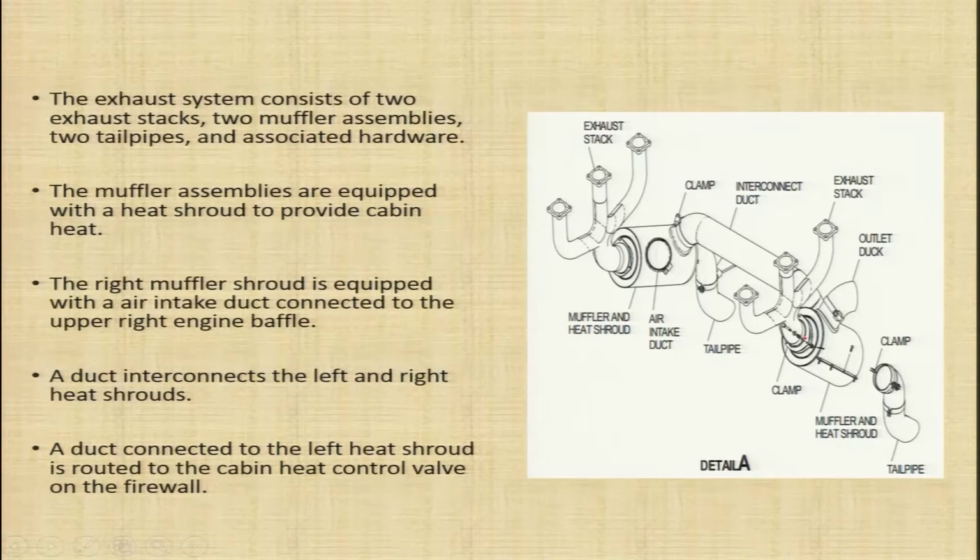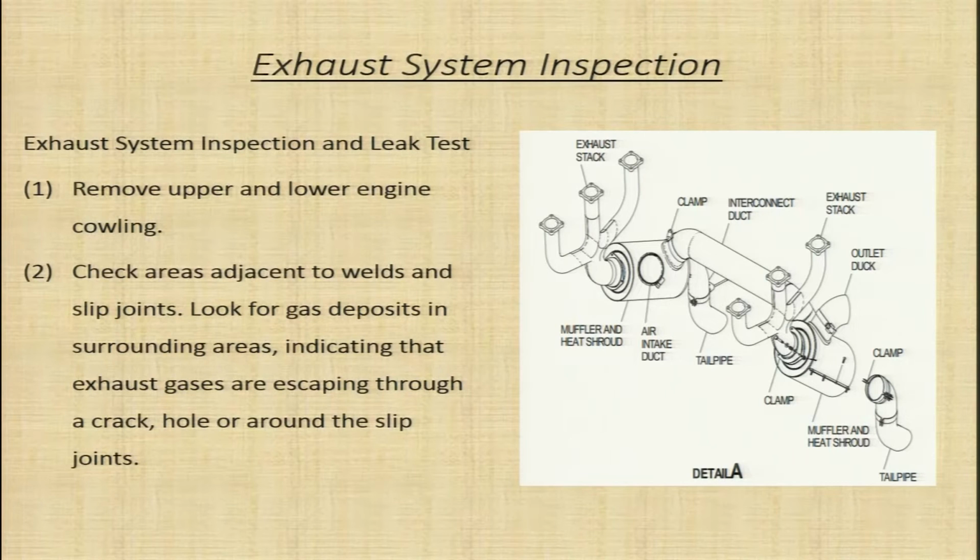A duct connected to the left heat shroud is routed to the cabin heat control valve on the firewall. So, there is one duct which is connected to the cabin heat control valve in the firewall, and this is the duct. In one of the mufflers you have an air opening which is connected to the upper right engine baffle.